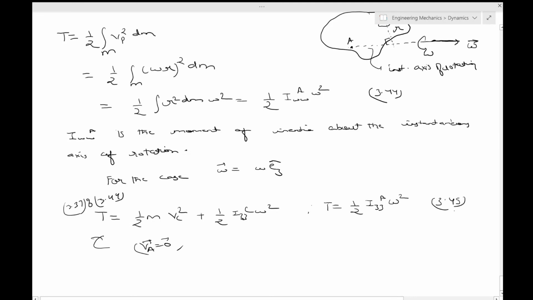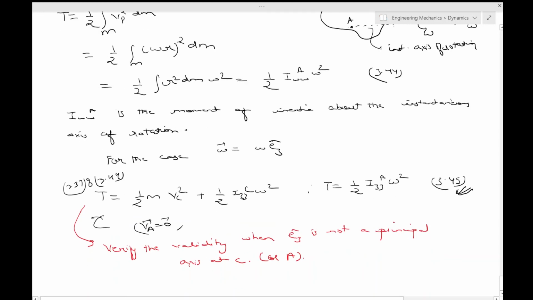And this did not require E3 to be the principal axis. Okay, nowhere. So this is something which you should verify: verify the validity when E3 is not a principal axis, C, okay, or A. So you should please verify it.